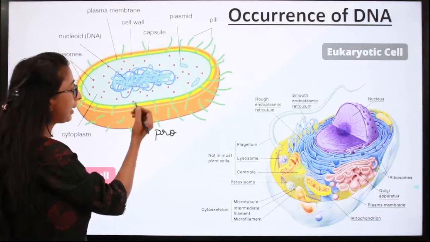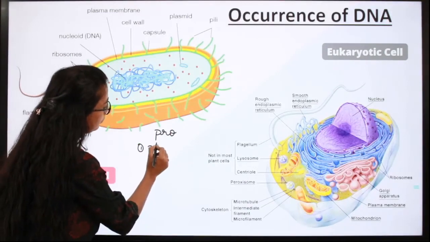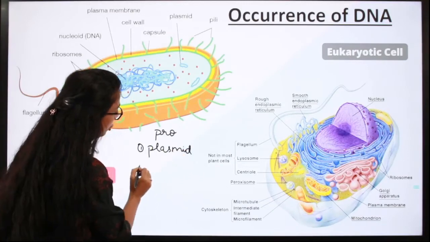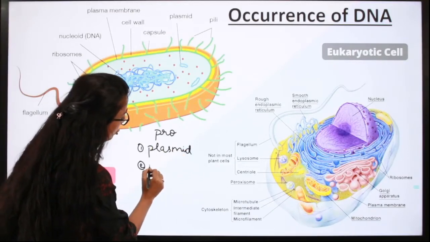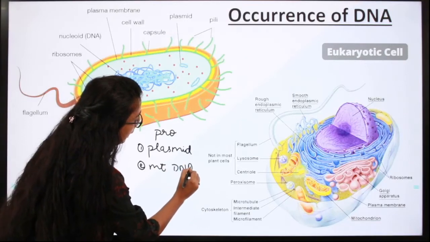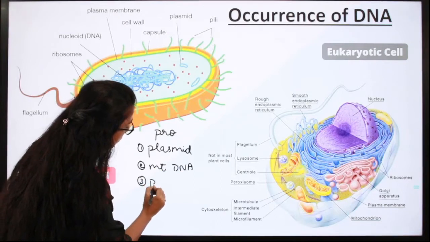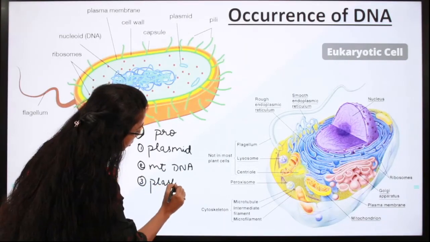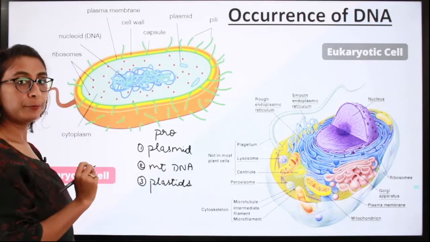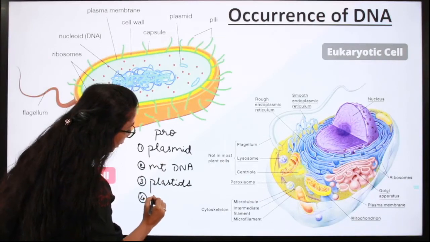And the answer options can be, first one can be plasmid, and the second option can be mitochondrial DNA, and the third option can be plastids, okay, and the fourth option can be all of the above.